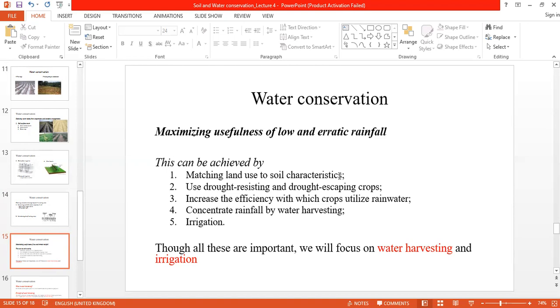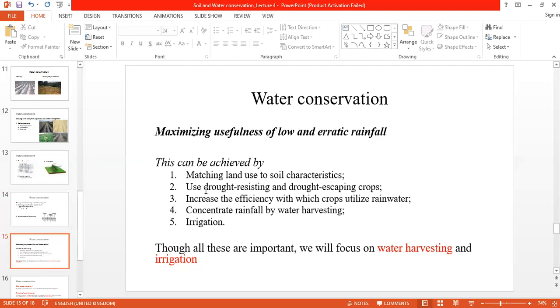They are utilizing this principle: in these places, that's where you have water, so that's where they go to grow their vegetables and other crops. So you find that even throughout the year, they're able to produce crops. So they are matching the land use to the soil characteristics.